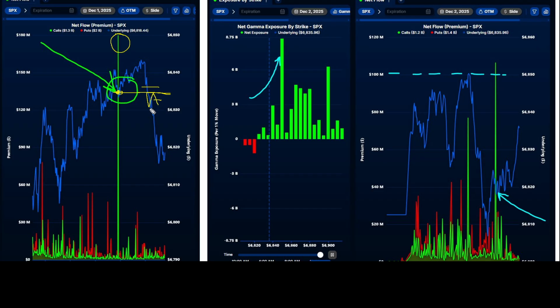The data gives us beautiful entries when you see that kind of spike. But the most important thing here is that you have to configure the net flow chart using the 0DTE or the net flow premium in the same day session, only taking into account the positions that are put on in the same day.